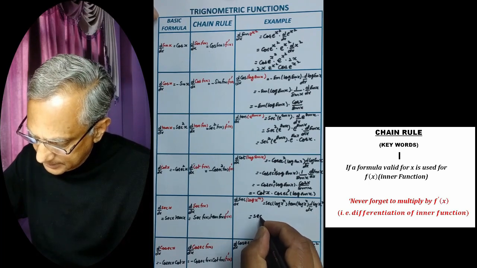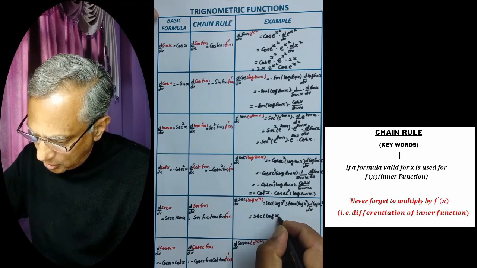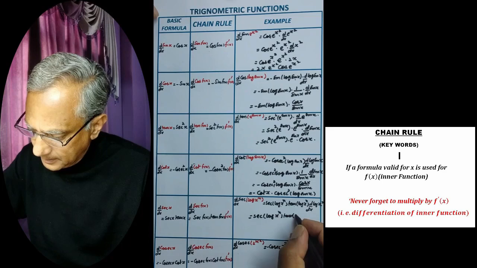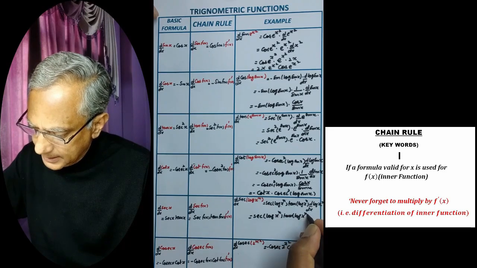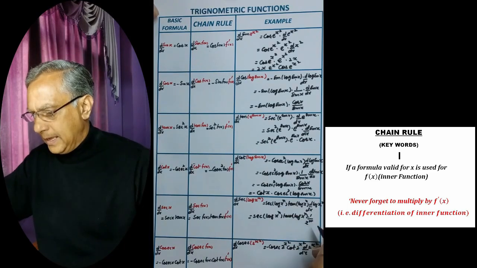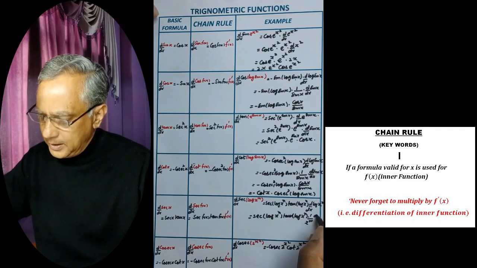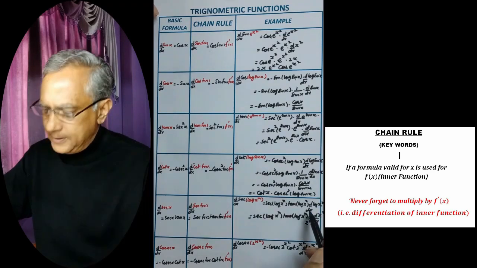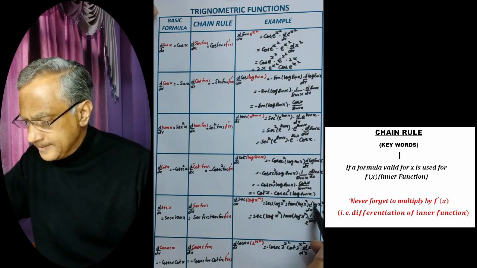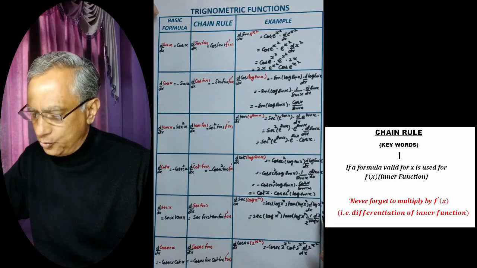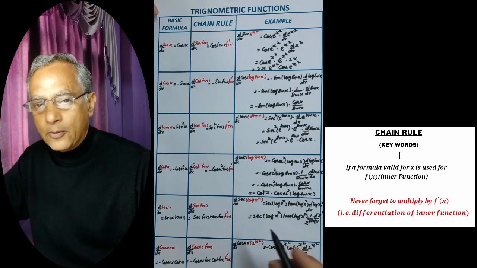So this will be secant log x to the power of n tangent log x to the power of n into 1 by x to the power of n into d by dx of x to the power of n, and the differential formula for log x is being used for log x to the power of n. So we multiply by differentiation of x to the power of n.